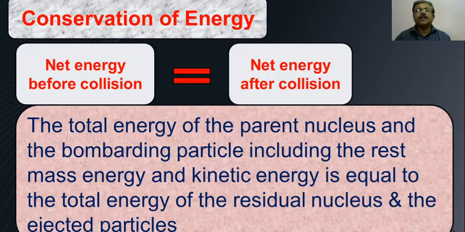So we can say roughly it is the equivalence of the net energy before the nuclear reaction and the net energy after the reaction. That is, the total energy of the parent nucleus and the bombarding particle, including the rest mass energy and kinetic energy, is equal to the total energy of the residual nucleus and the ejected particle. So this is how the conservation principle of energy is satisfied in the case of nuclear reaction.